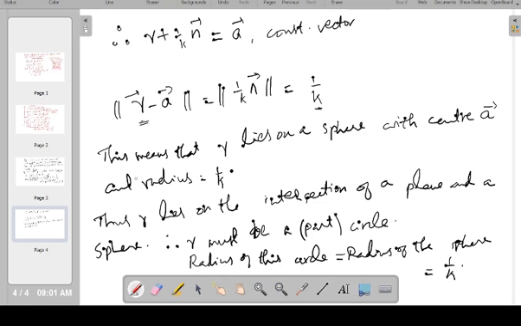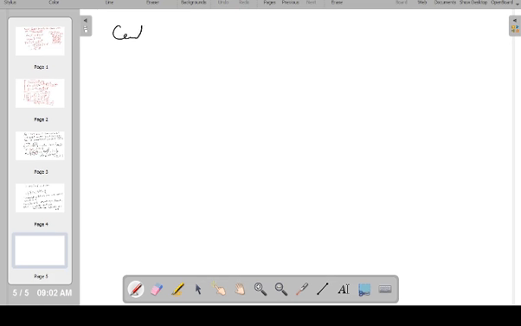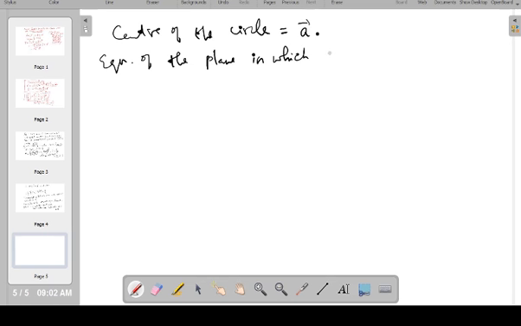Center of the circle is precisely A, the vector A. And what is the equation of the plane in which the circle lies?